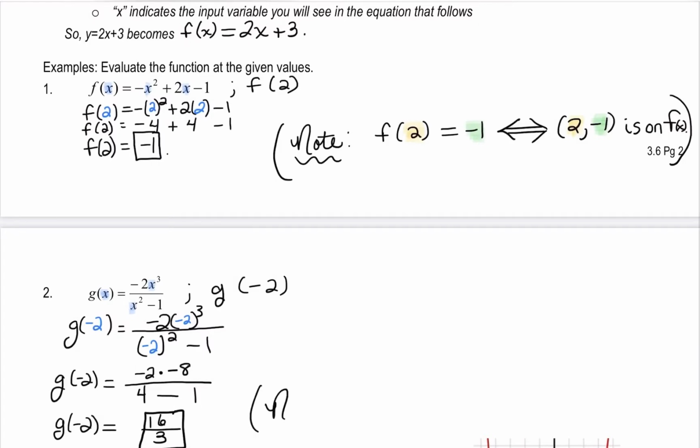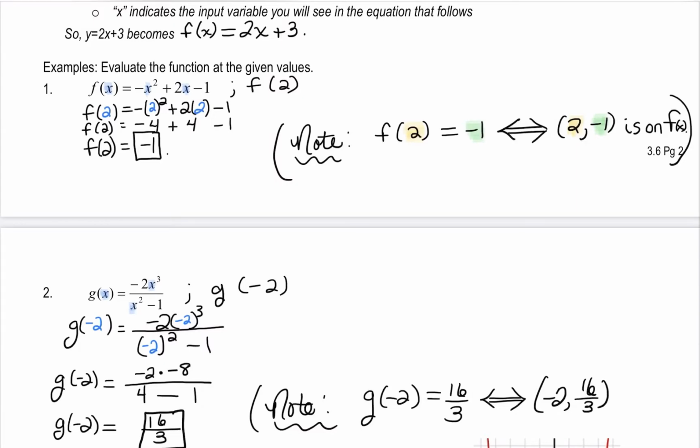As we get used to this relationship, recognize that what we just found, big picture, g of -2 equal to 16/3, is equivalent in ordered pair world to saying -2 comma 16/3. That is a point that satisfies g. It's on the graph of g. It satisfies the equation of g. All of those are synonymous.